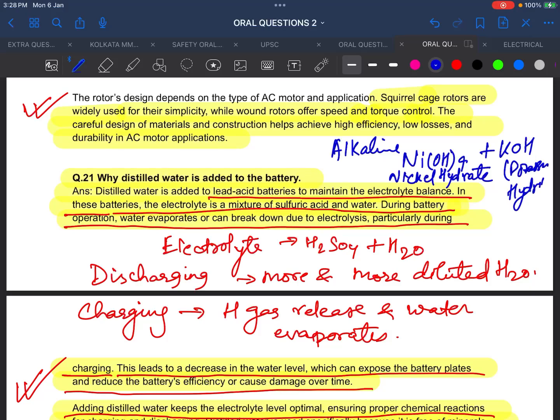These are the electrolytes. For alkaline, the specific gravity does not change, but for lead acid the specific gravity will change. I will explain further.